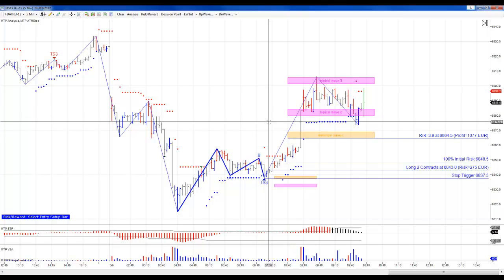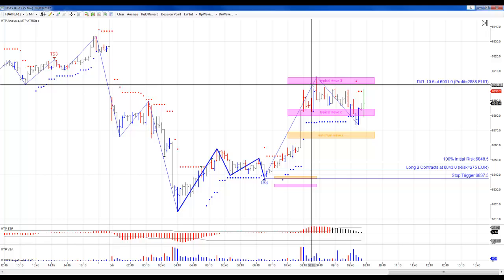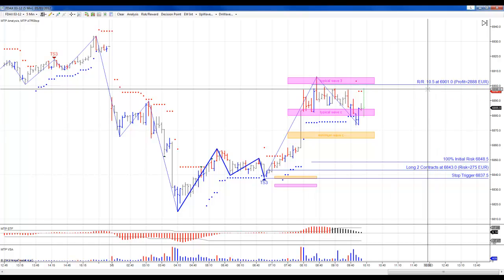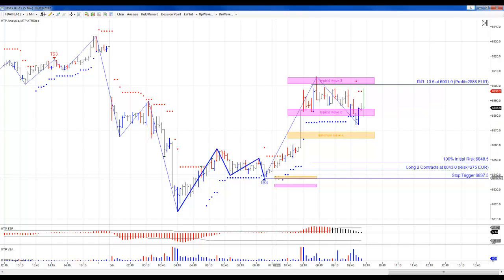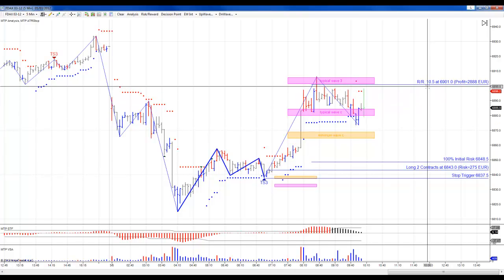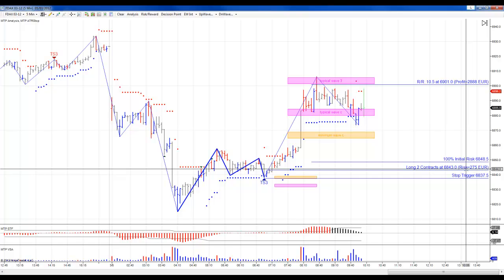So if I put the risk reward on in and around this setup up to the typical wave 3 WPT, you can see that this was a 10R profit. In other words, this trade had a profit of approximately 10 times the initial risk.